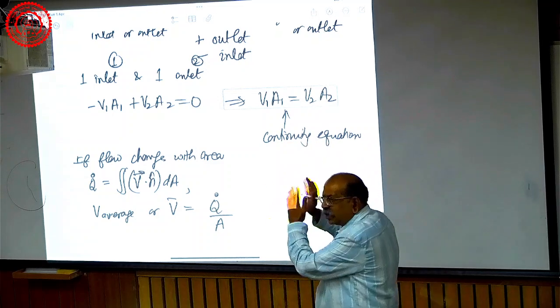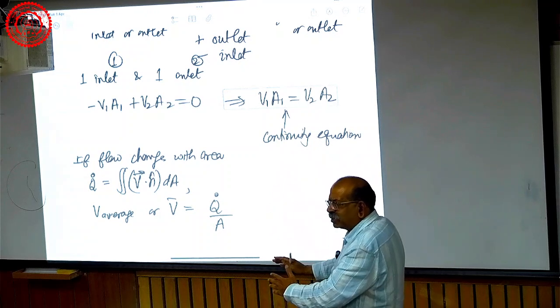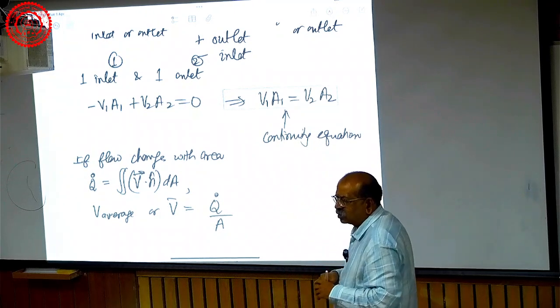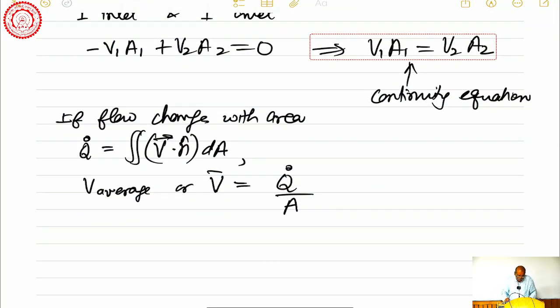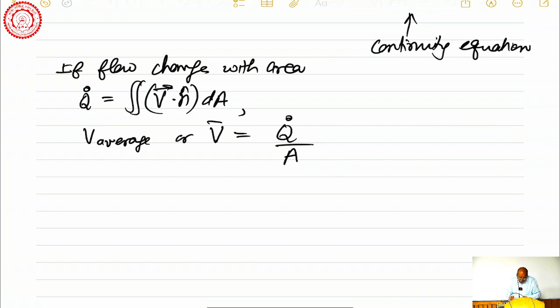Otherwise, you calculate the total flow rate, divide that by the area, and that will give you an average velocity. Because a lot of things are done in terms of average velocity, I thought we will introduce this here.